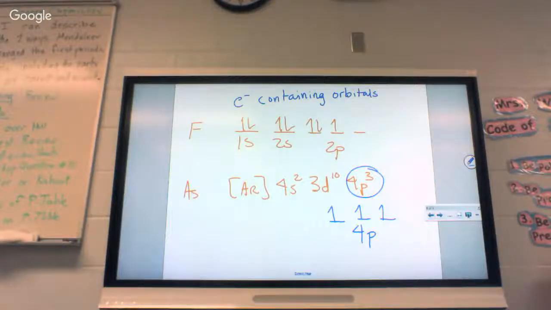Which one do you want to do? You want to work on worksheets, or you want to do a Flickr? I'm not doing it today. I'd rather do a Flickr.